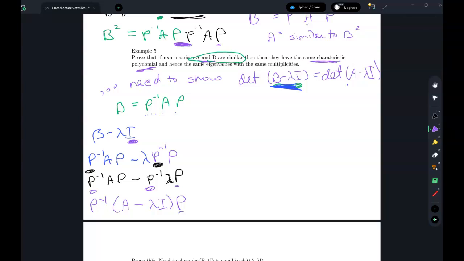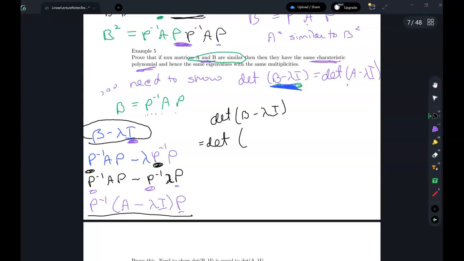Oh, wait a second. I think I'm getting close, aren't I? So when I take the determinant of B minus lambda I, that's the same thing as taking the determinant of P inverse times A minus lambda I times P. Because of what you know about determinants, I can split the multiplication up.